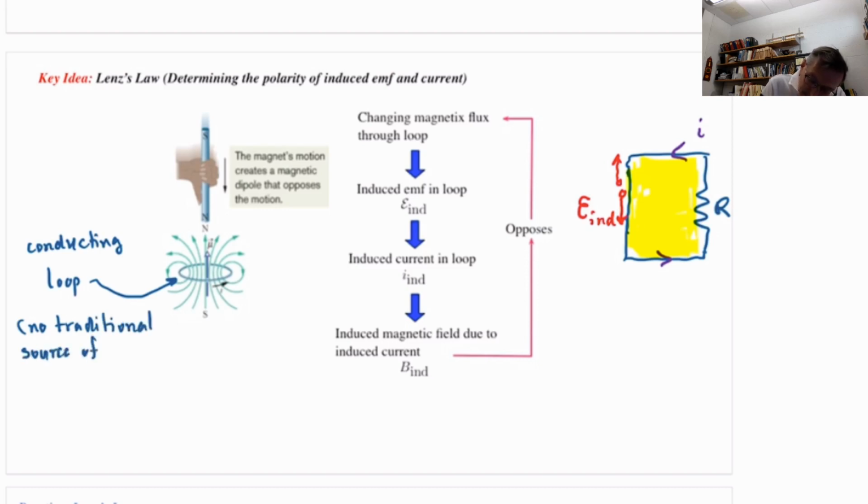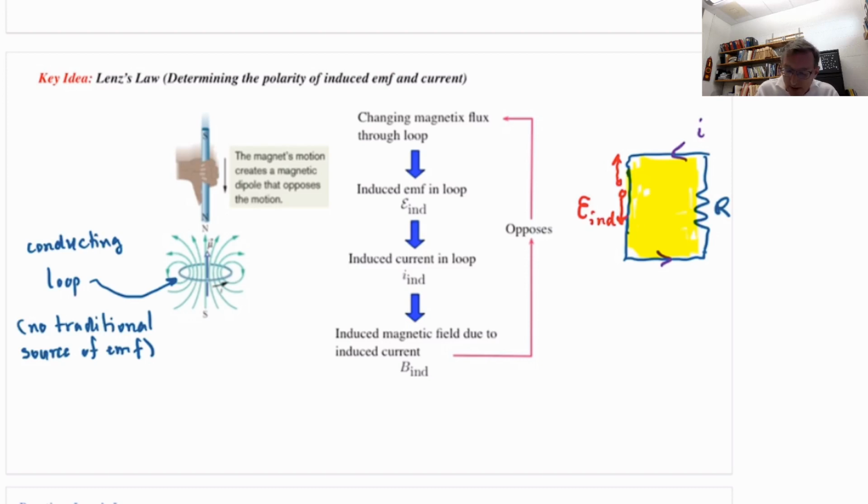There's no battery in there. There's no power supply hooked up in that circle. So under normal circumstances, you would expect there to be no current flowing around that loop. Okay? And that loop is just held there in place.